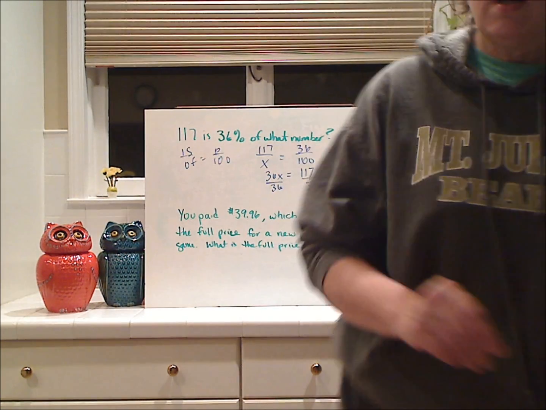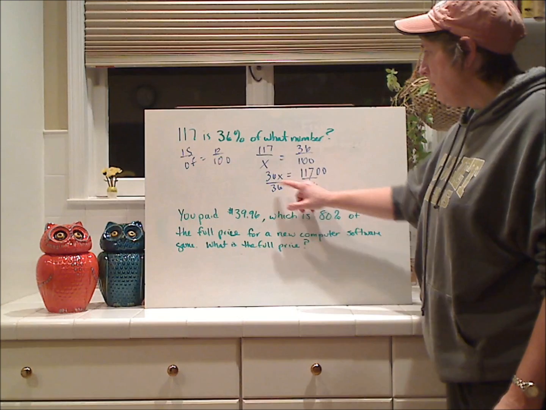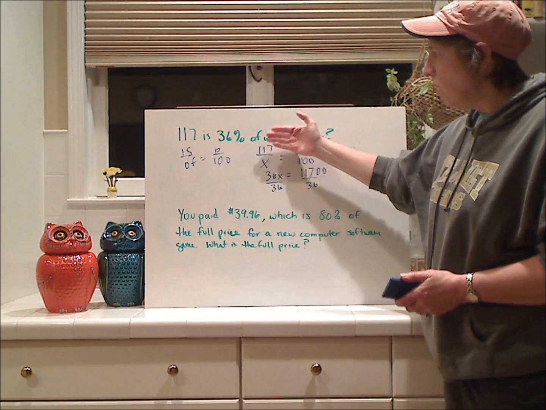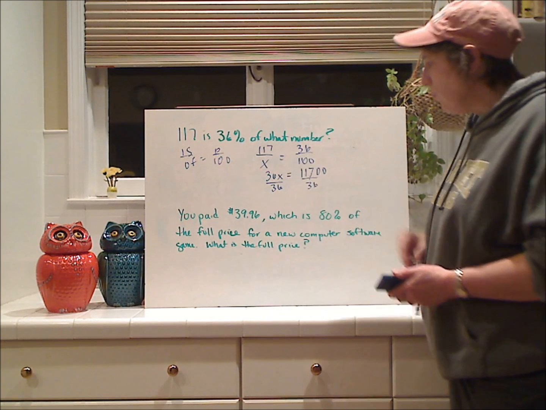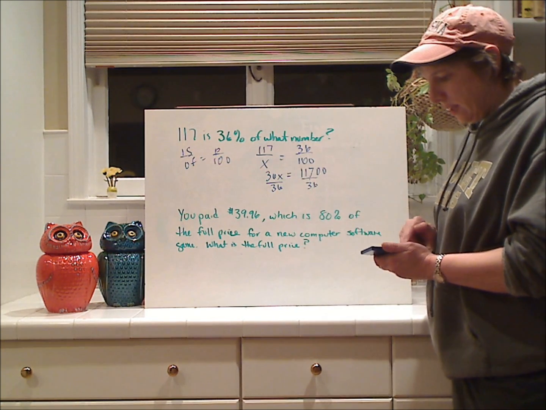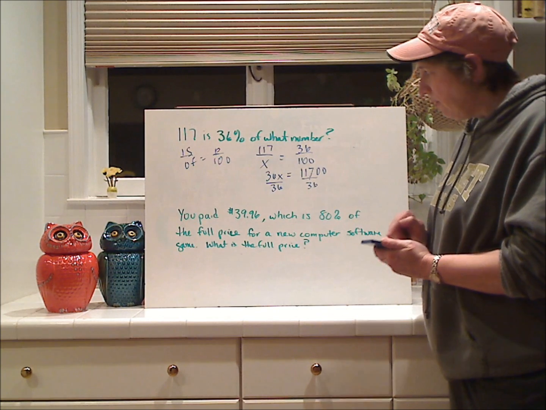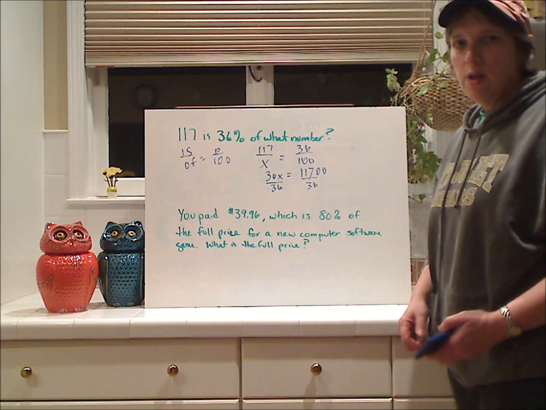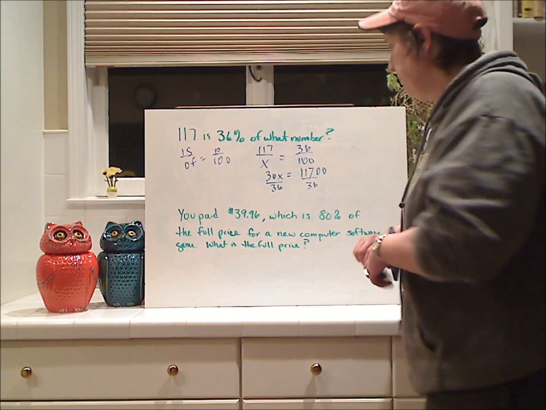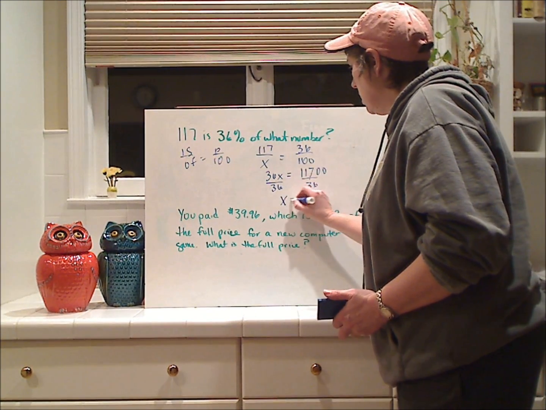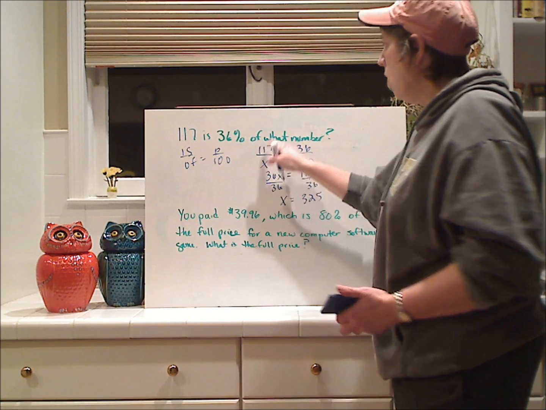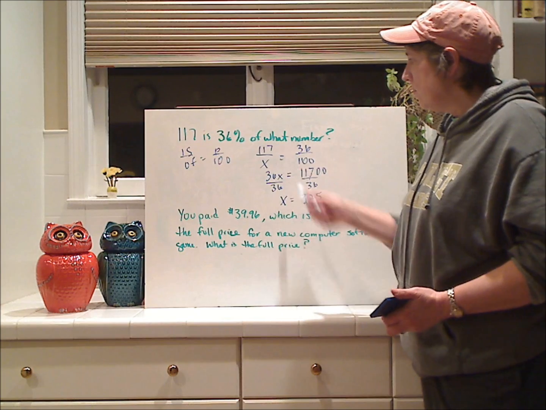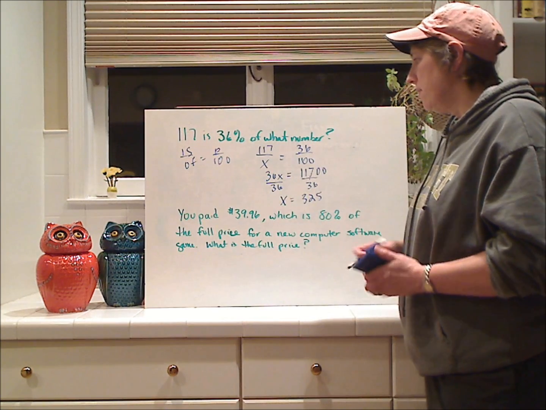So we divide both sides by 36, and we're finding out what x is. What is 117 out of what part? We say 11,700 divided by 36, and that equals 325. So 325 is the number or the base of the whole that 117 is based out of. So 36% of 325 is 117.